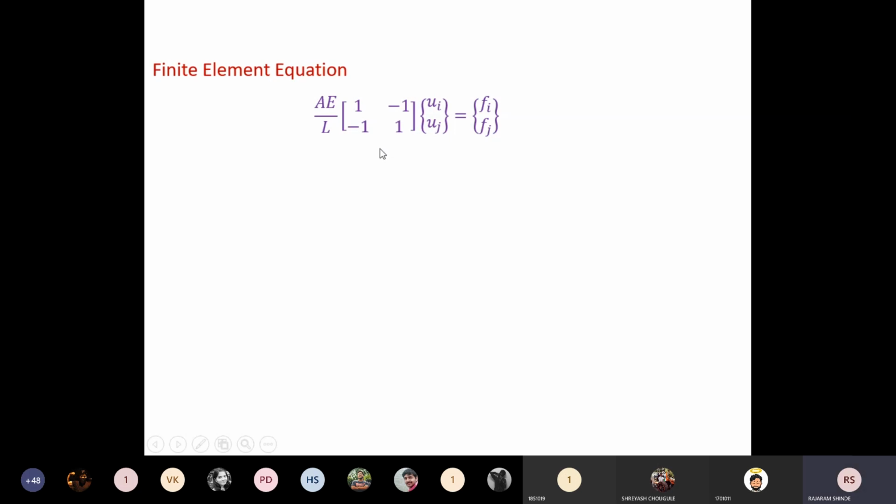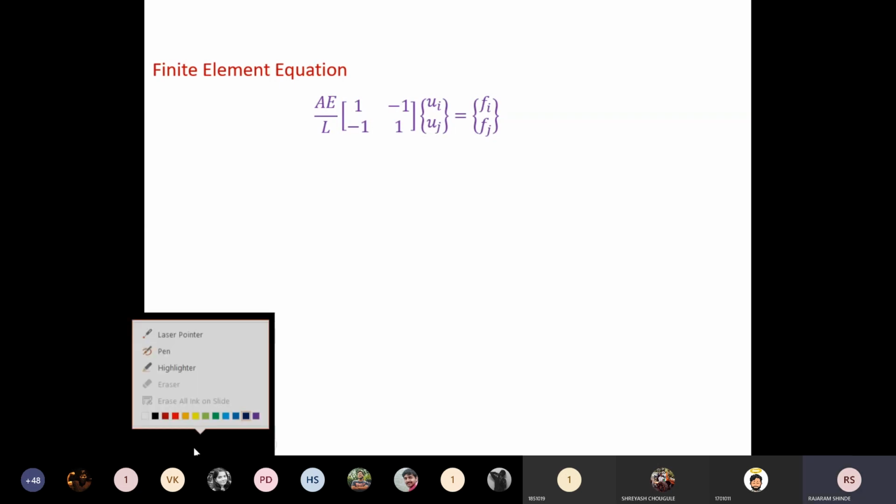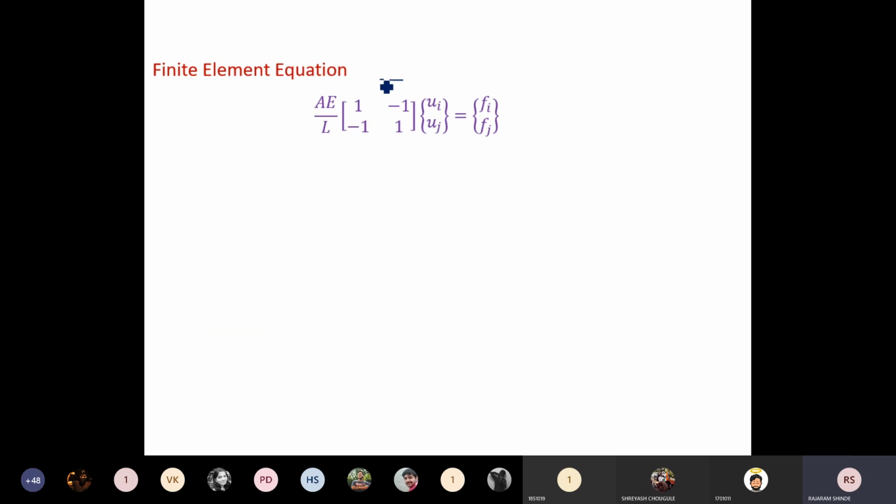Now this is known as the finite element equation, and in short, this is your k. Already I have shown you this term. It is your k term, this is your u term, and this is equal to the f term.